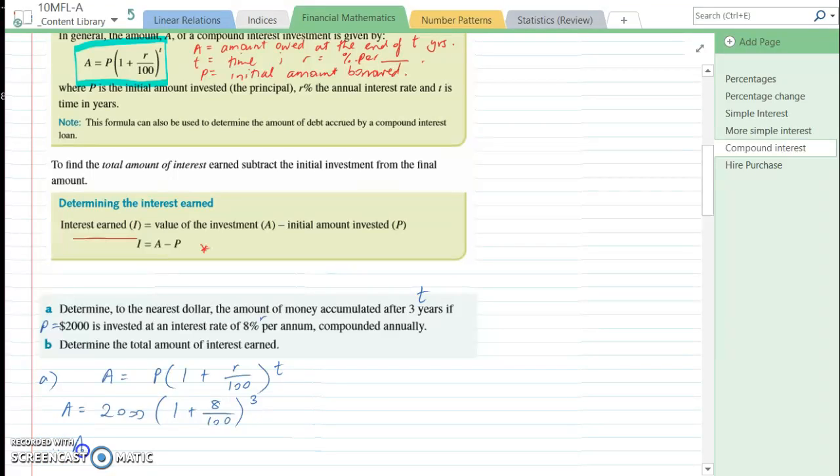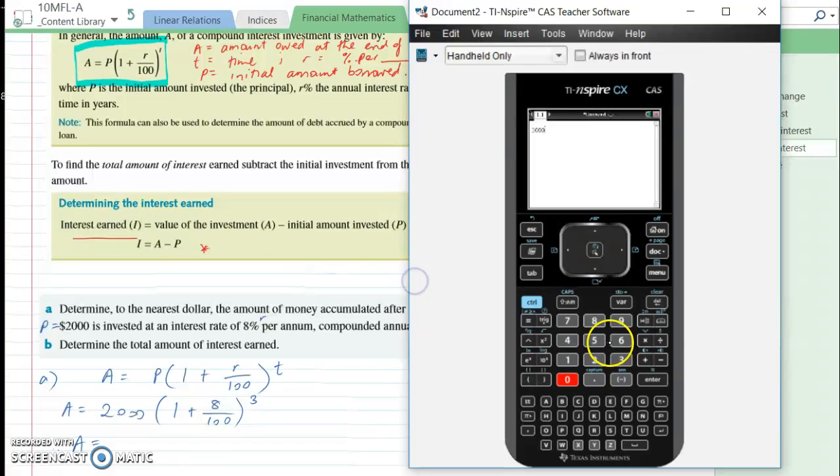Okay, therefore, when we type that into our calculator, it'll give us 2,000 bracket 1 plus 8 over 100, to the power of 3.